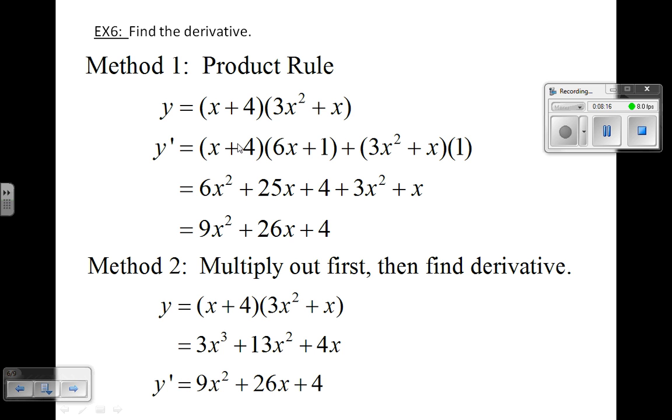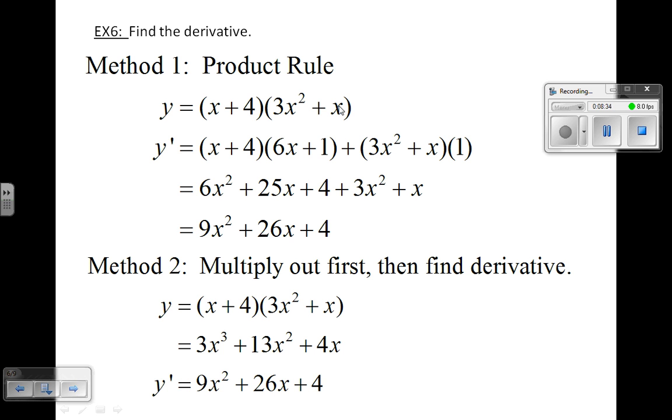Okay, so the first thing, uv, I'll take the derivative, it's u, which is x plus 4, times the derivative of this part, so again power rule, so the derivative of 3x squared, the 2 comes down, 3 times 2 is 6, x to the 2 minus 1, I get 1.